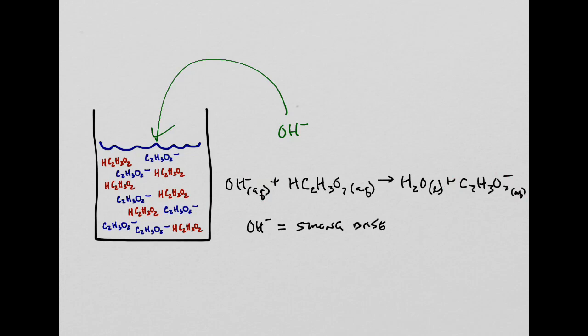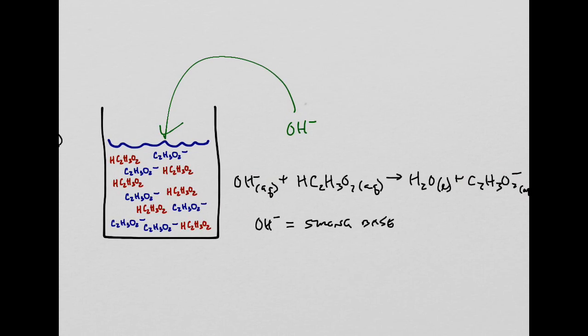Okay? Now, obviously you can see here that in this case, I only have enough buffer solution to be able to consume, what do I have here? 1, 2, 3, 4, 5, 6. Six of the hydroxides. Okay? And obviously there's a limited capacity. Now, you would never have just six of the acetic acids in a buffer solution. You would have millions upon millions of them.